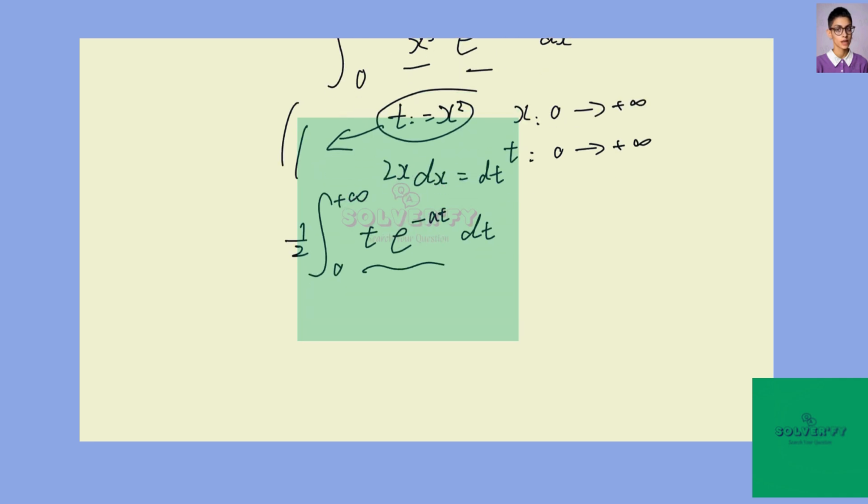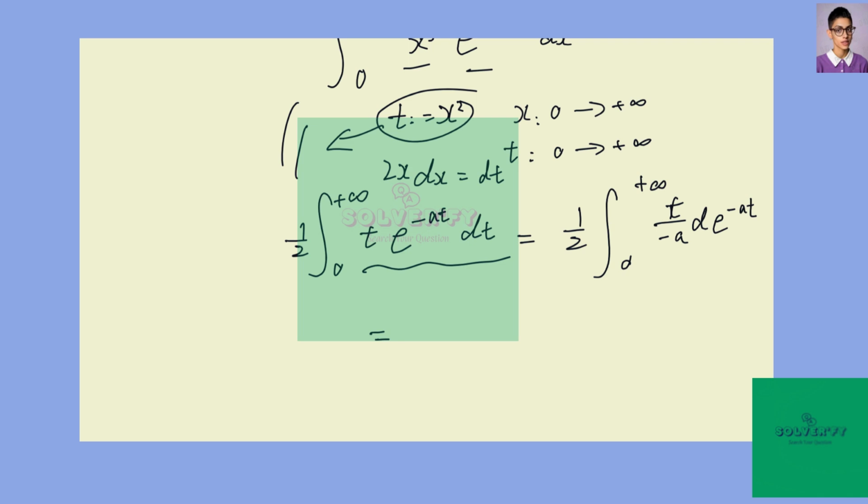Now we don't have the higher order, so this integral is much easier for us to deal with. So it will be equal to 1/2 times 1 over minus a, d e to the power minus a t, times t.